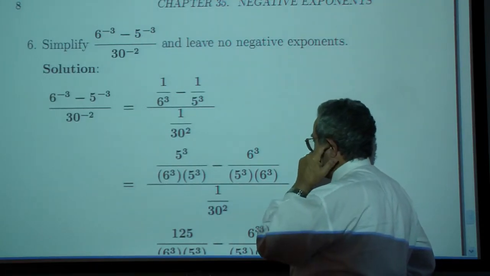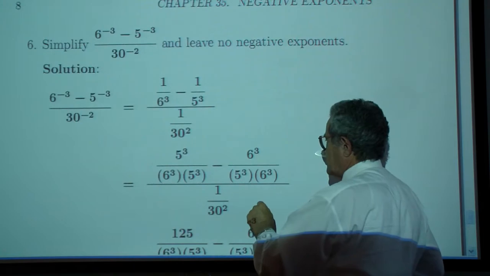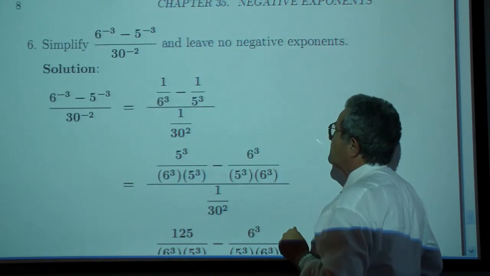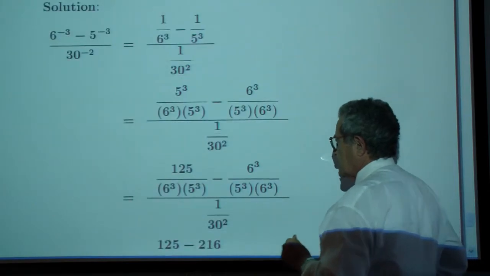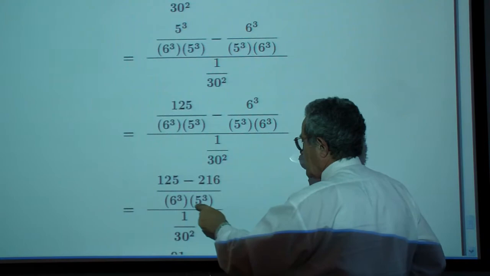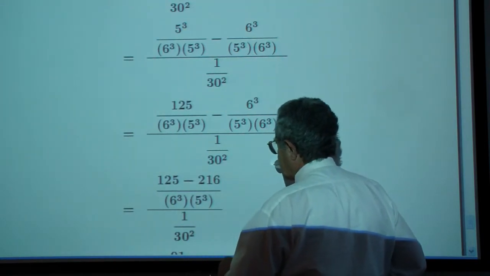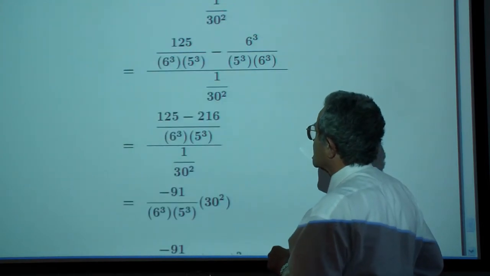In order to add the fractions, you need a common denominator, multiplied by 5 cubed over 5 cubed, 6 cubed over 6 cubed, and you get 125 minus 216 over 6 cubed times 5 cubed, all divided by 1 over 30 squared.